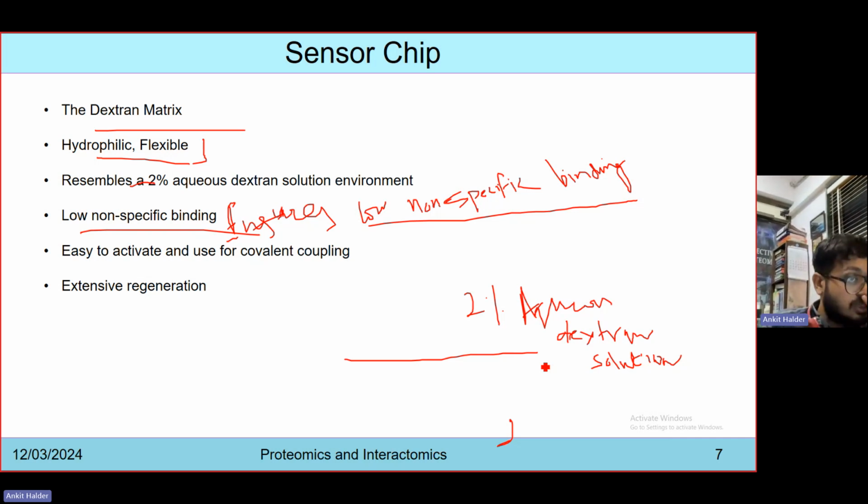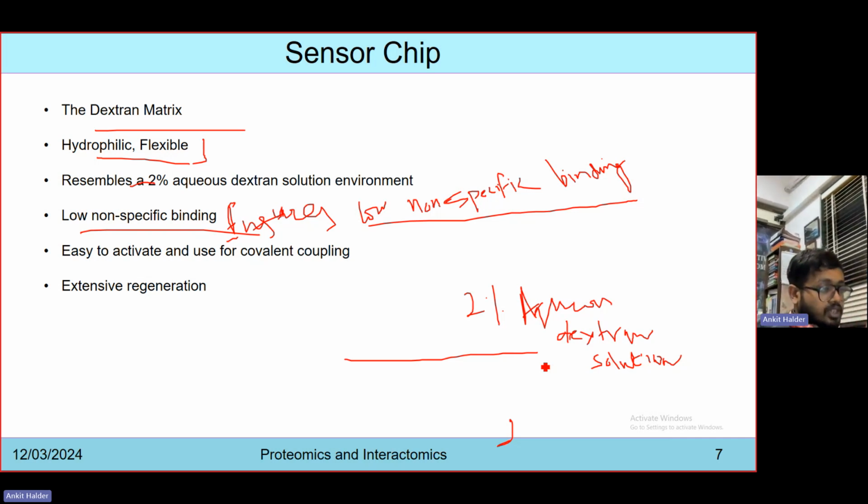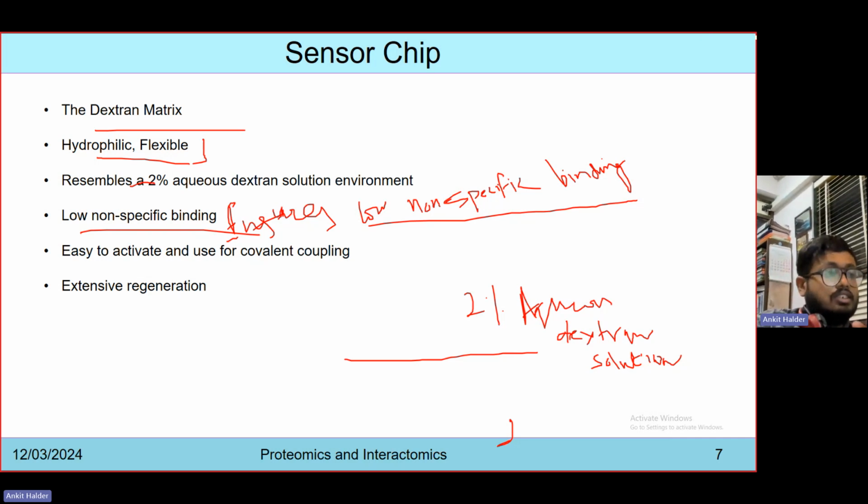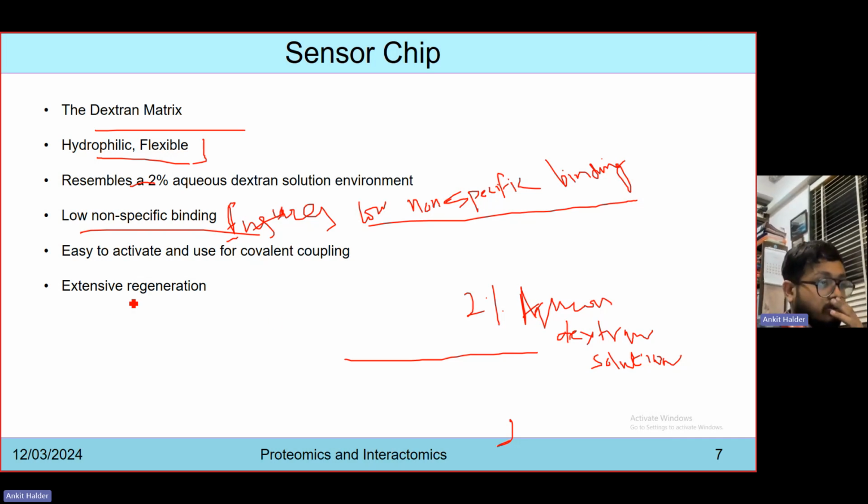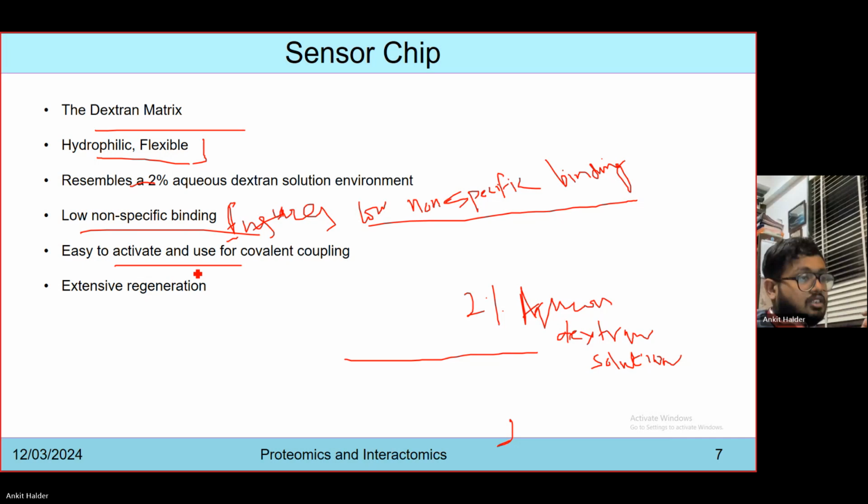Second, it is easy to activate and is also used for covalent coupling.